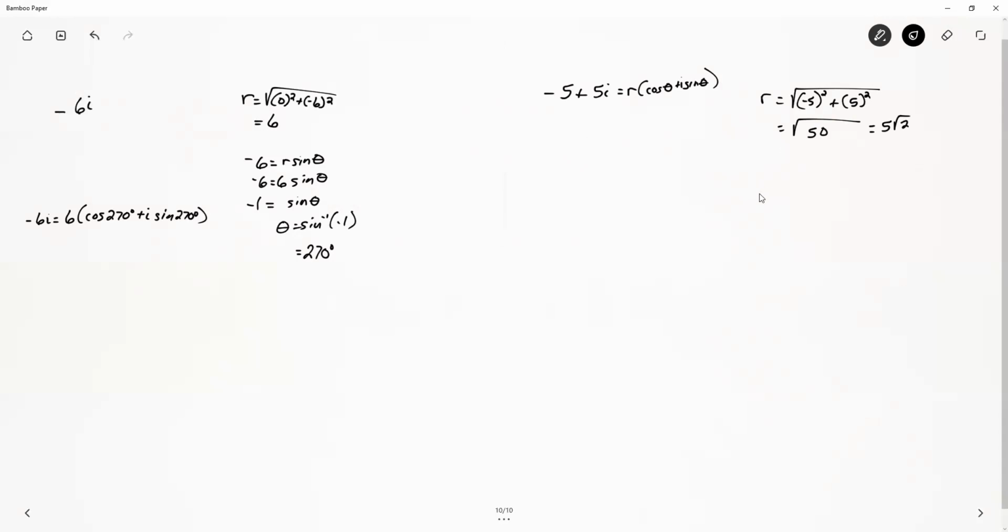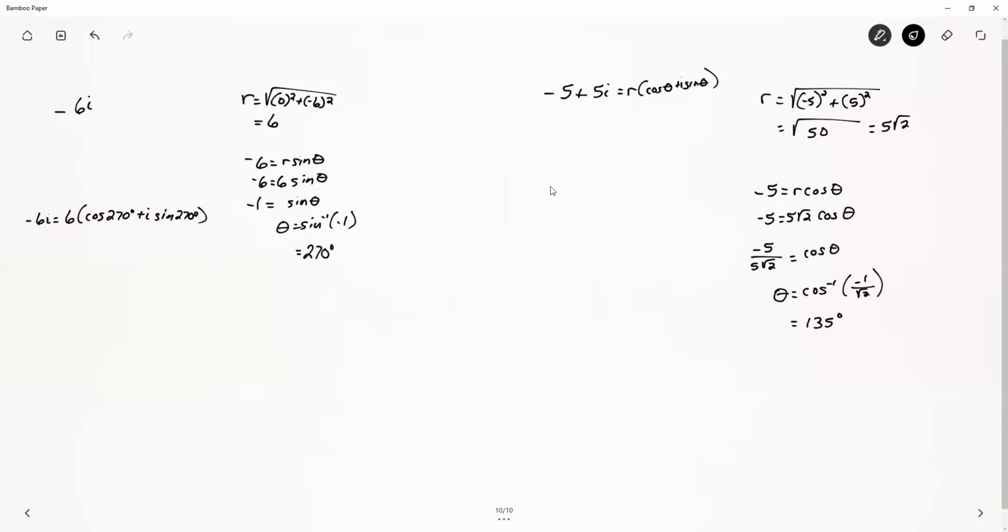So in this case, let's do negative 5 is equal to r cosine theta. So this is negative 5 is equal to r, which is 5 square roots of 2, cosine of theta. So divide this, and you end up with cosine theta. So theta is equal to arc cosine of negative 5 over that, which is negative 1 over root 2, which is 135 degrees.